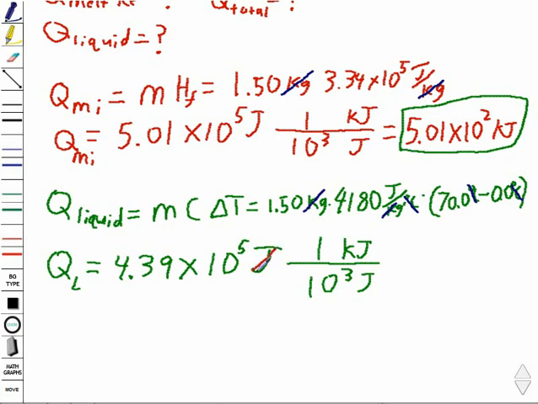Cancel out my joules, and you'll get an answer that's 4.39 times 10. Subtract your exponents. 5 minus 3 gives me 2 kilojoules. So now I have my second answer I need.